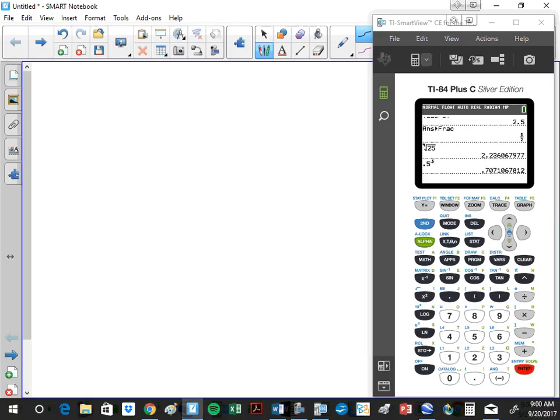Okay, down to example 3. 16 to the 3/4. This number is telling me 16 can be split into 4 equal multiplications. 2's. 2 times 2.